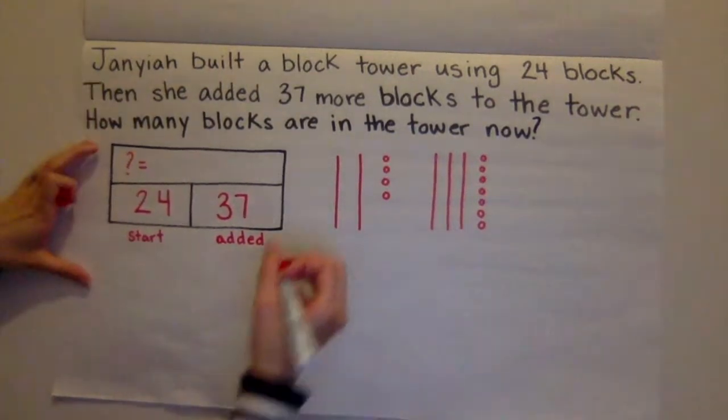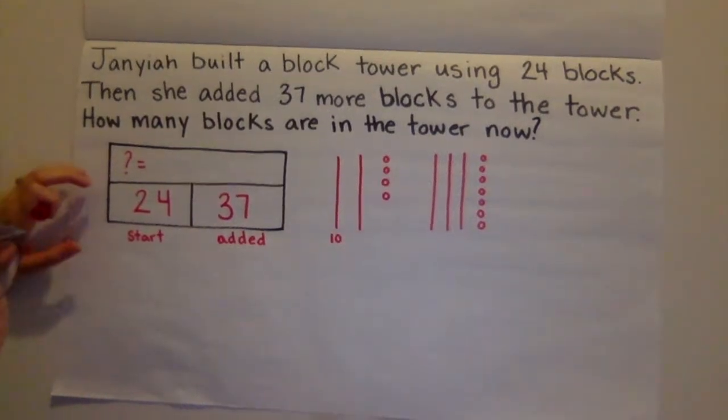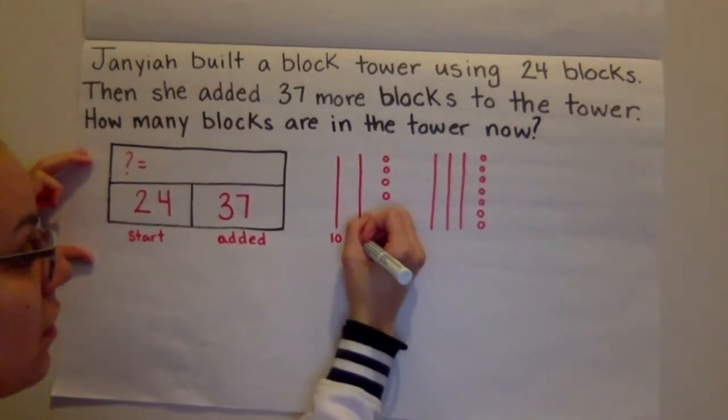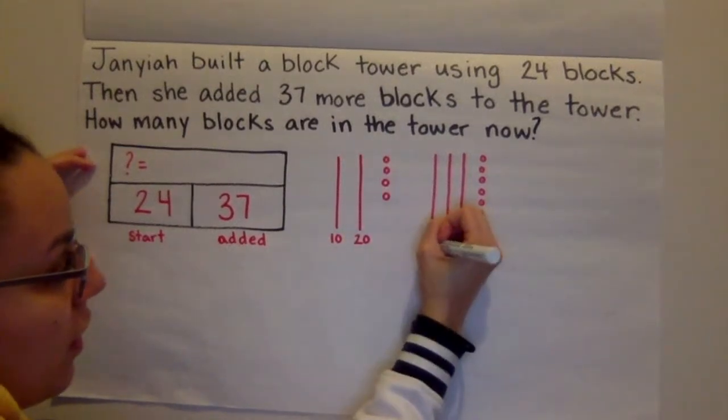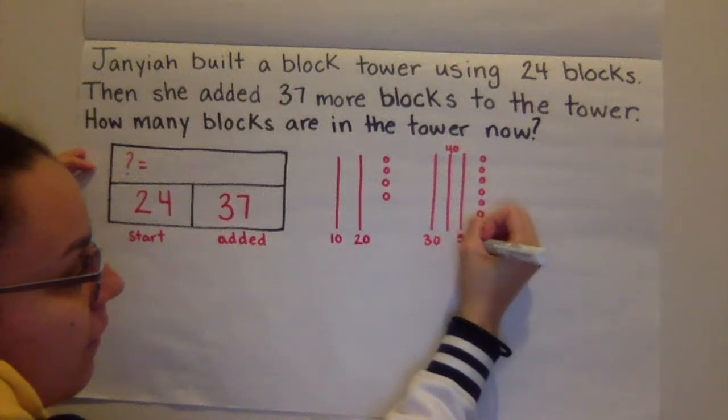All right, let's count. I'm gonna count my tens first. 10. Don't forget to write how you're counting, just like me. 20, 30, 40, 50.